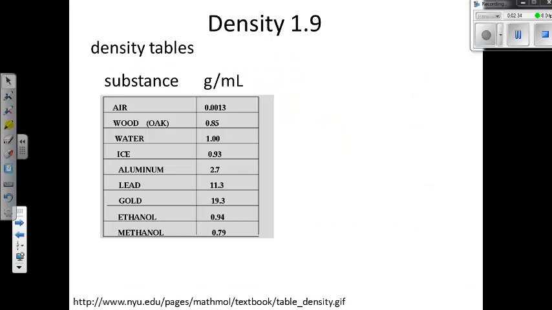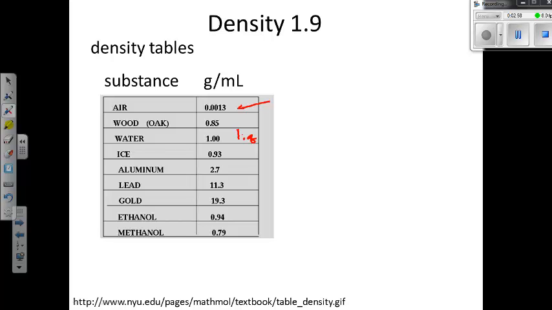Okay, so let's look at the density of, as you would expect, a gas, such as air. A mixture of gases has a pretty low density in grams per milliliter. Here we have some liquids, right? This is a liquid. Well, I guess we just have one liquid, huh? Water, because wood is certainly not a liquid.